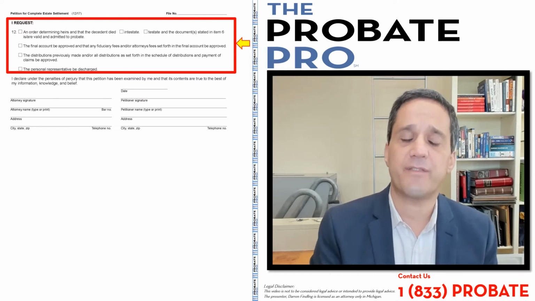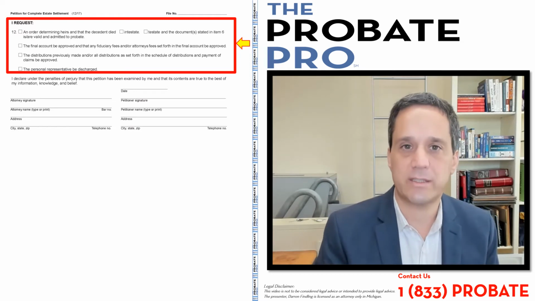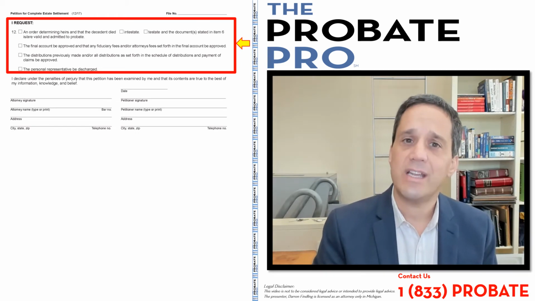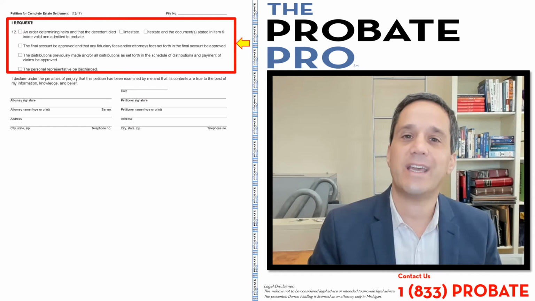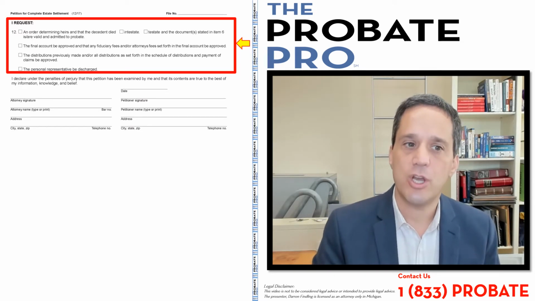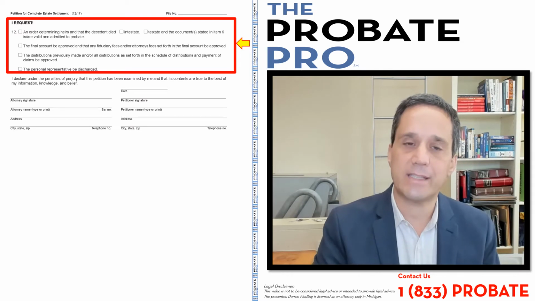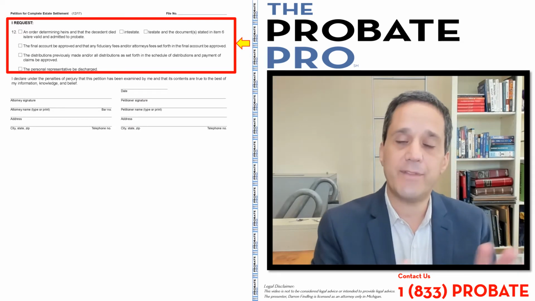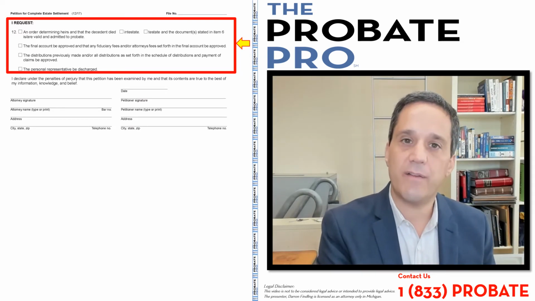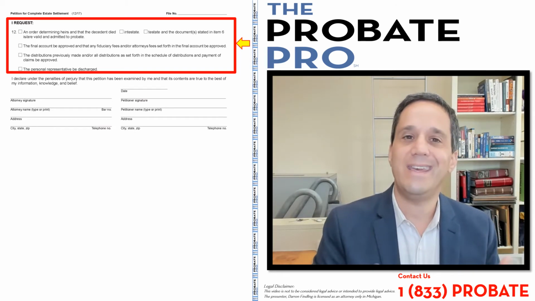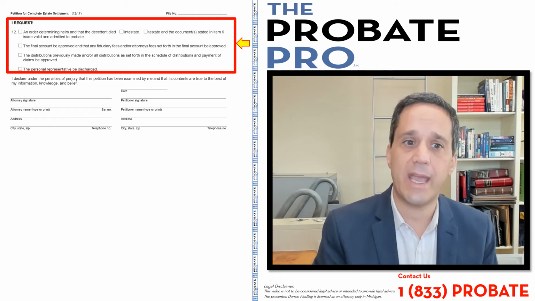On the back side of the form, here's where you're making the request of the court. You're requesting of the court to first, under Section 12, if you're needing an order determining heirs, you want to identify the names of those heirs that you're asking the court to determine. And again, if this was done at the onset of the administration through a petition for probate, you're not needing to do another order determining heirs.